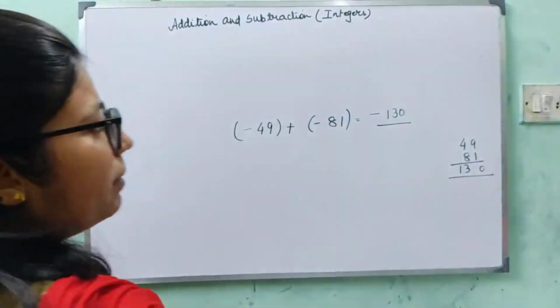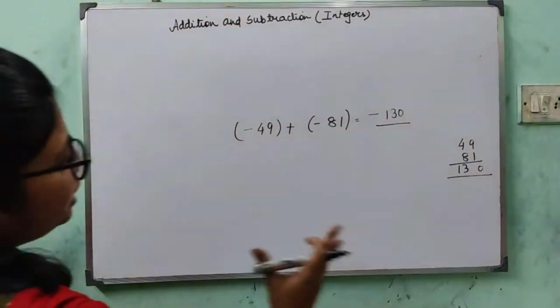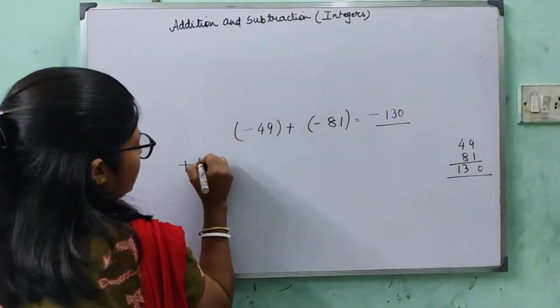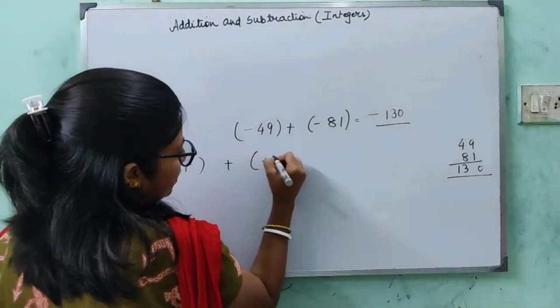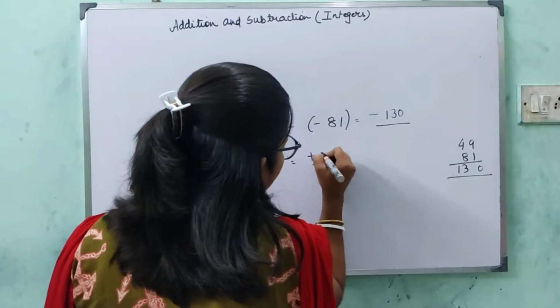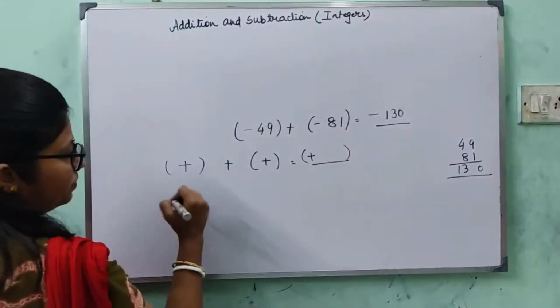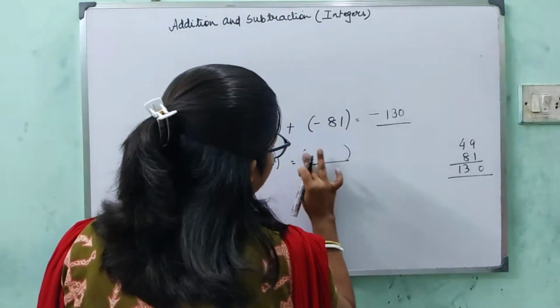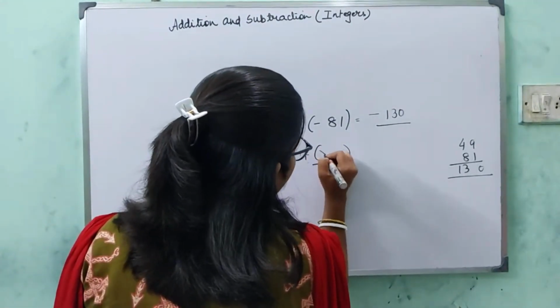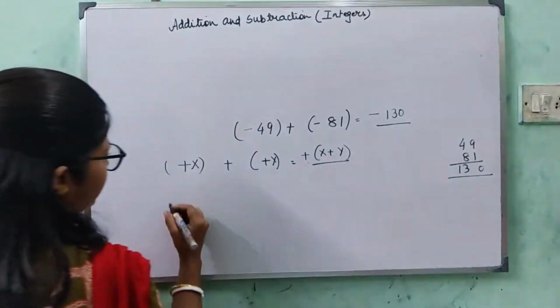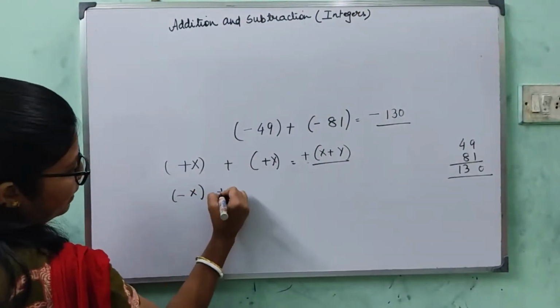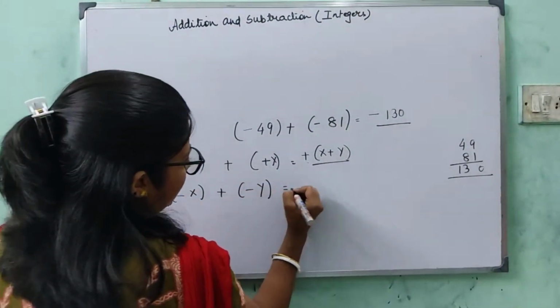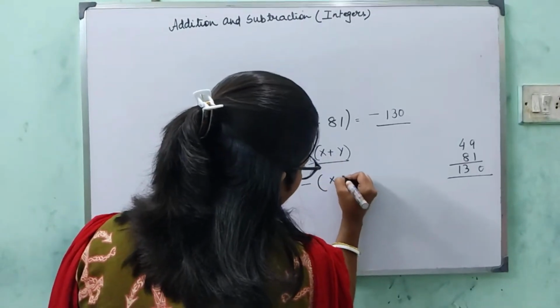So what you have to remember is that when we are adding two positive integers, the answer will always be a positive integer. So it's a positive x and a positive y, and the answer is positive x plus y. If it's a minus x plus a minus y, the answer will be minus (x plus y).